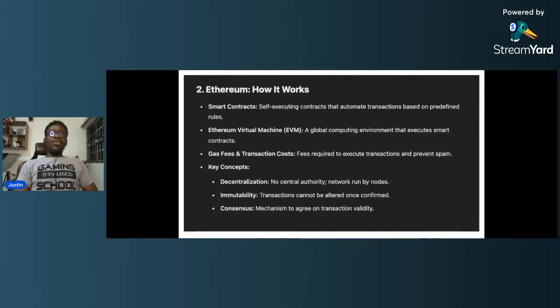Then there's what we call diversity of the network. We diversify the network. Simply put, it means a lot of people are running their own nodes. Ethereum welcomes individuals to run separate nodes. Running a node means you're running Ethereum on your machine.